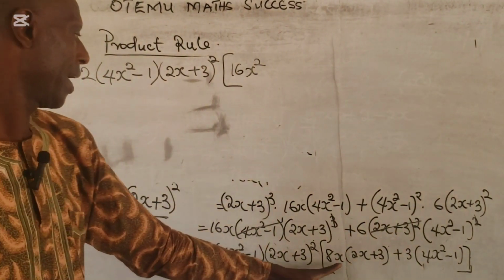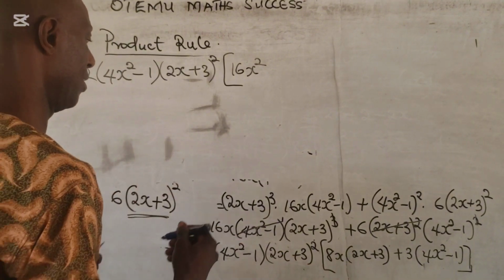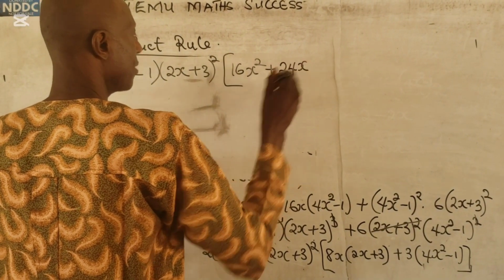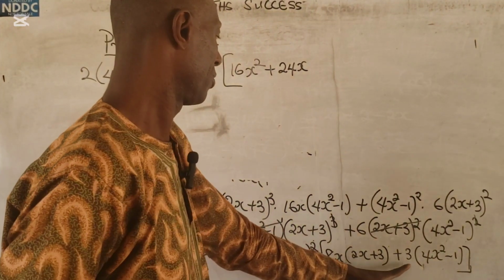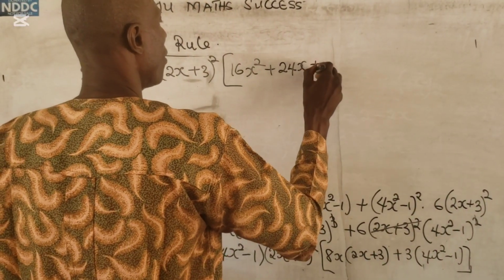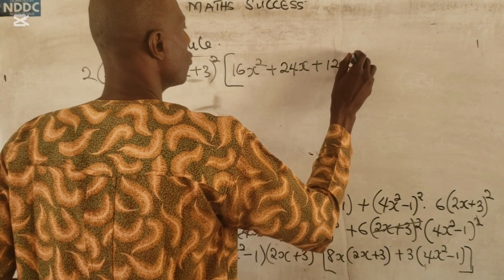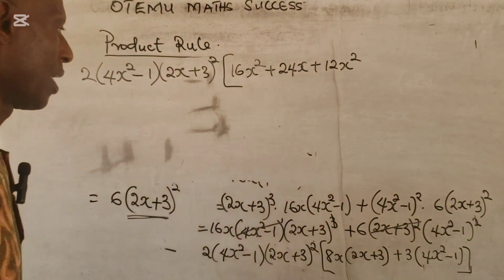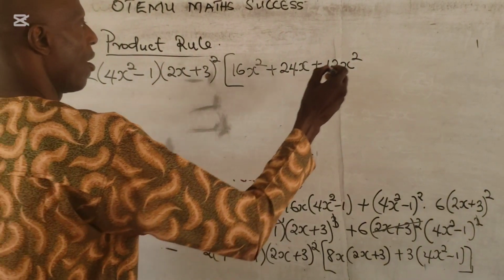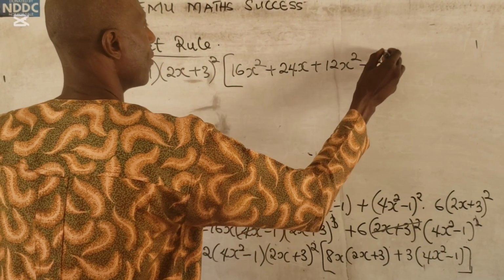Now, 8x times plus 3 gives us plus 24x. Now, 3 times 4x^2 gives us plus 12x^2. Then 3 times minus 1 gives us minus 3.